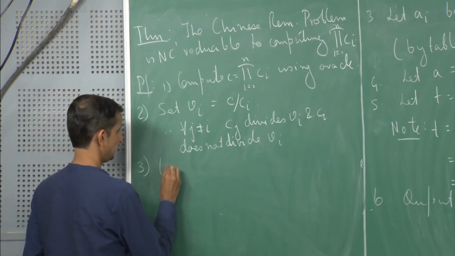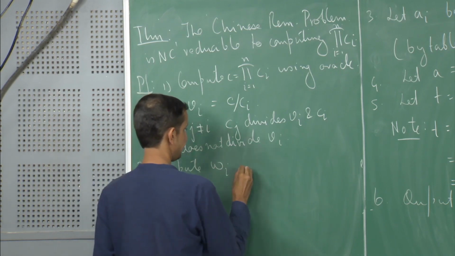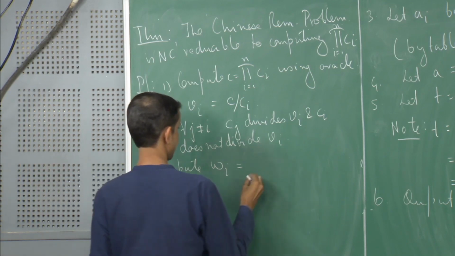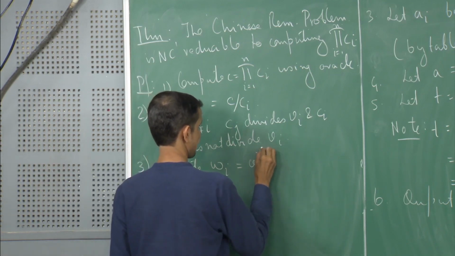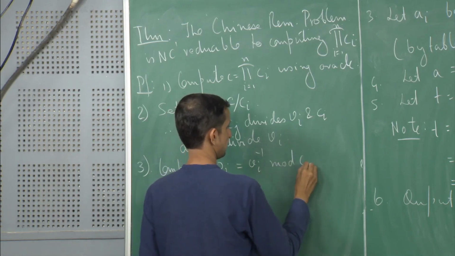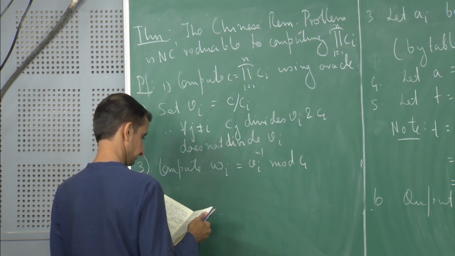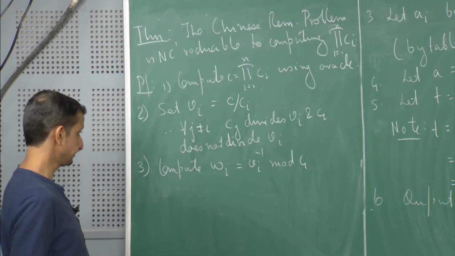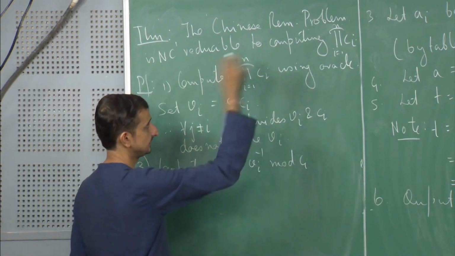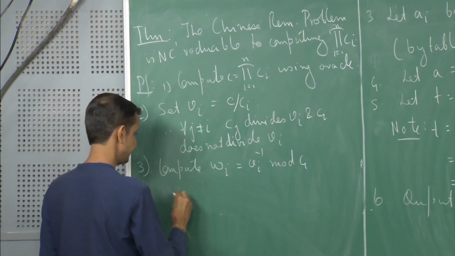Now we will compute Wi, which is Vi inverse mod Ci. Okay. So this again, Ci is small for us. Ci is bounded by n square. So this we know how to do in NC1. We have seen last time.